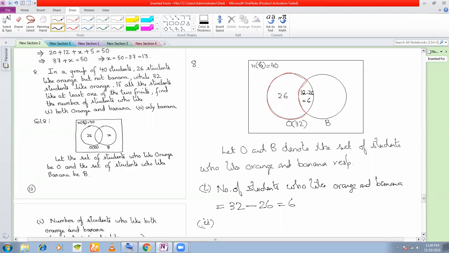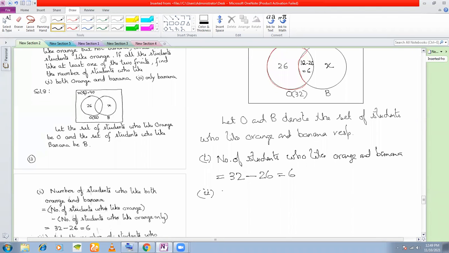How many students like only banana? Okay. Let's say X students like only banana. So I say let X be the number of students who like only banana.